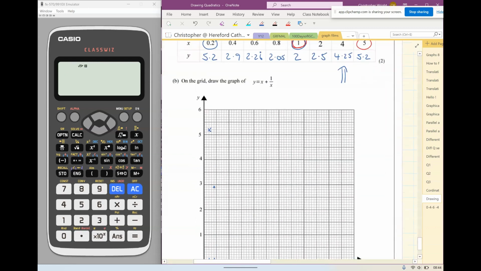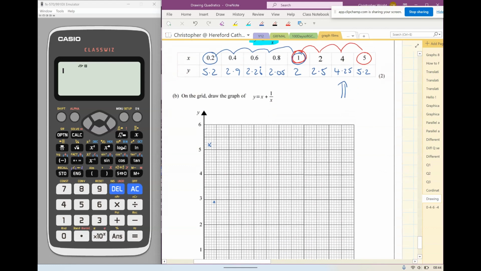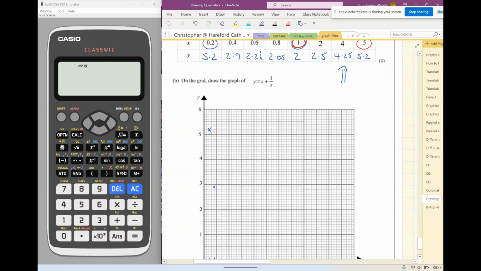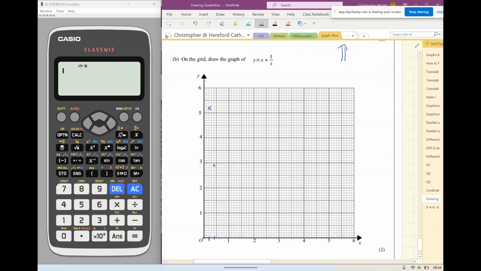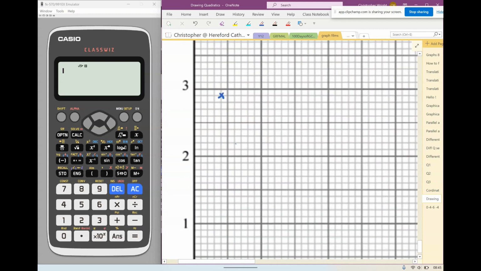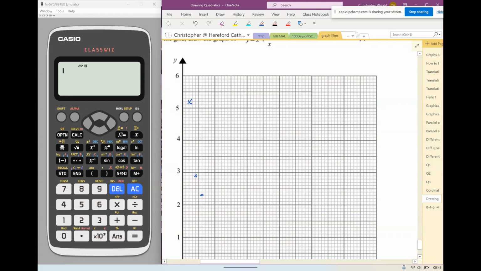Right. 0.6, 2.26 recurring. Right, well 0.6 is here. Now 2.2 is, let's zoom in a bit for you. 2.2 is here. Okay, that's 2.3. So 2.26 is basically 2.25, isn't it? So I'm going to plonk my point there. Okay, right.